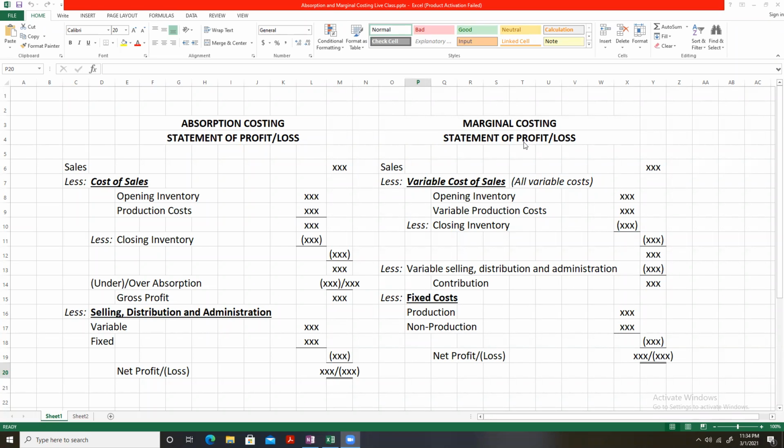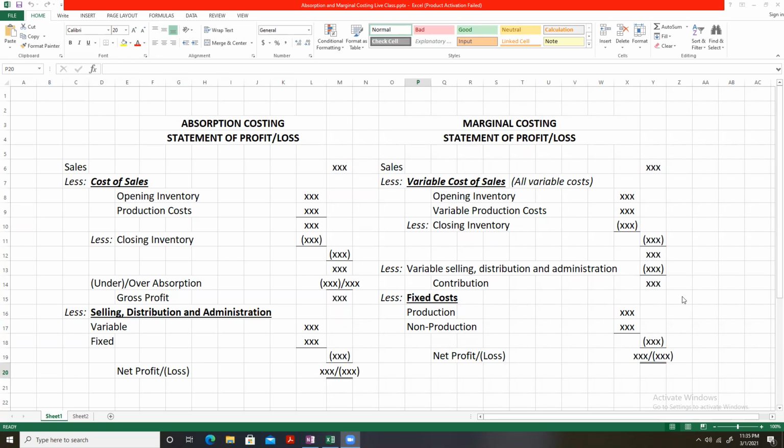The difference between the two approaches is that absorption costing values inventories on the basis of full production costs, so when valuing inventory, it adds fixed production overheads to the value of inventory, whereas marginal costing values inventories only on the basis of variable production costs.